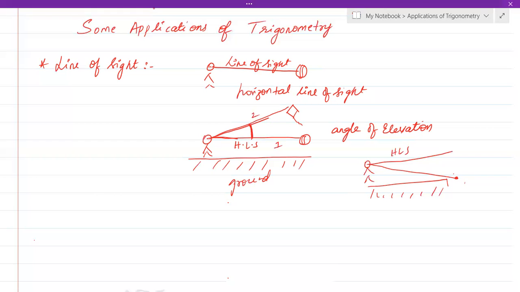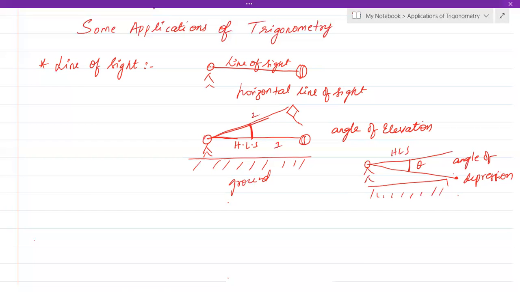Obviously, to watch it, he has to bend his neck. Now the angle formed is called the angle of depression. We get the angle of depression whenever a person is watching something below. Whenever he is watching something above his head, we call it the angle of elevation.